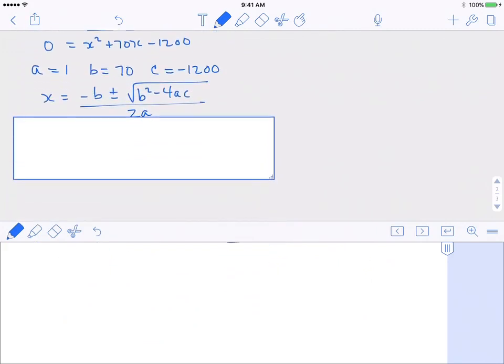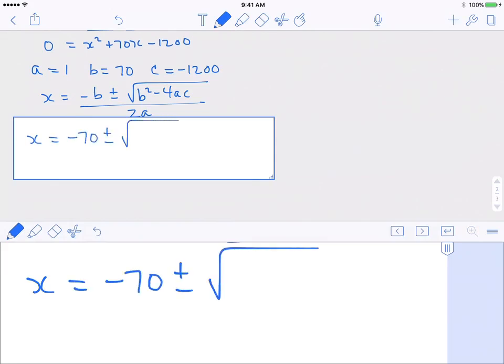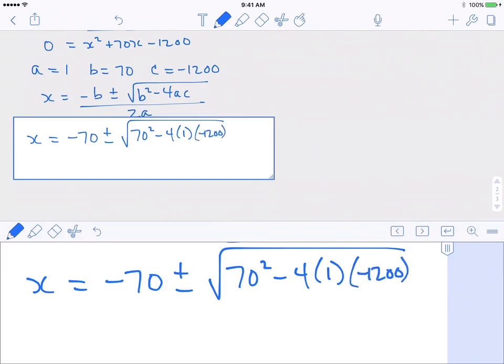Our numbers again are a is 1, b is 70, c is negative 1200. So x is going to equal negative 70 plus or minus... You might want to pause the video and see if you can do this on your own. B squared is 70 squared minus 4 times a times c, which is negative 1200, all over 2 times 1.